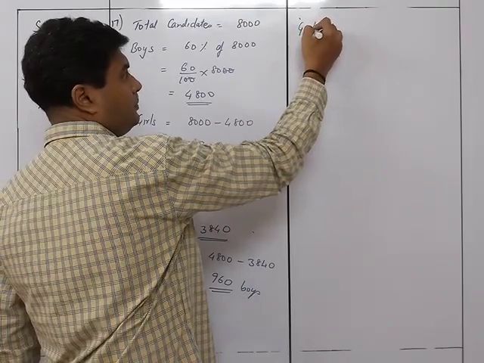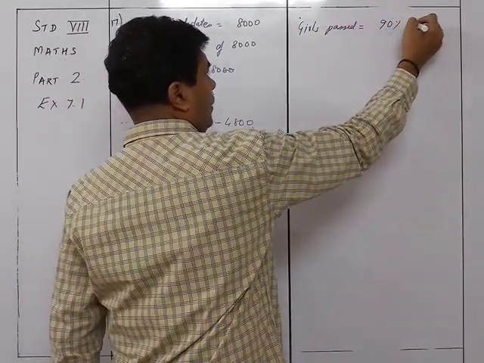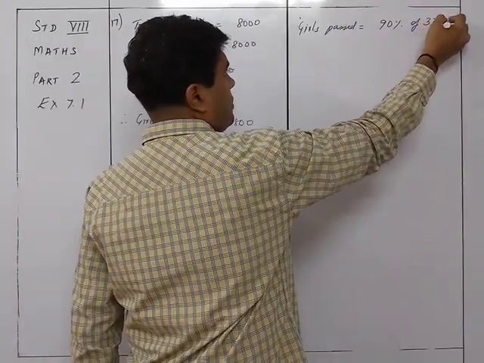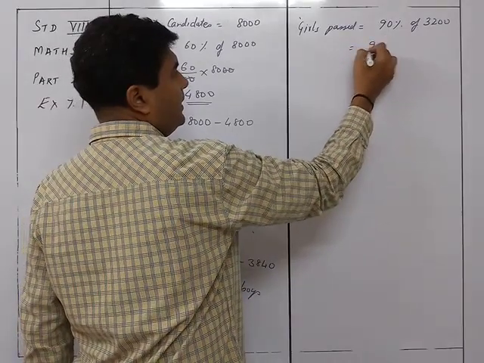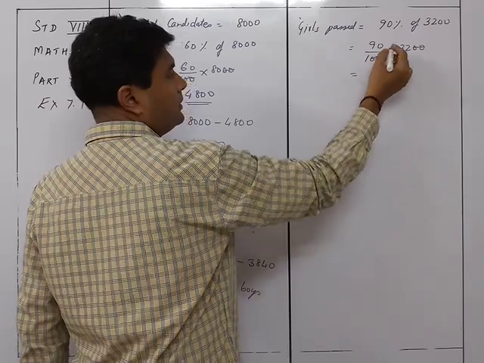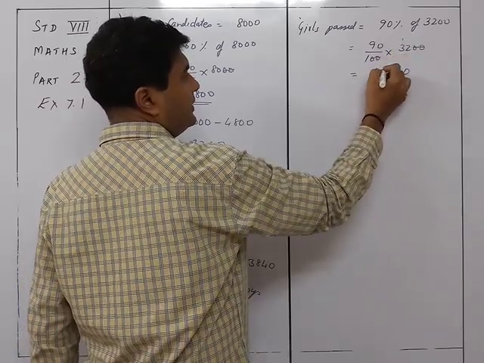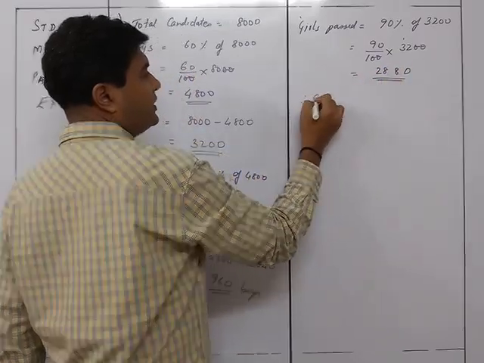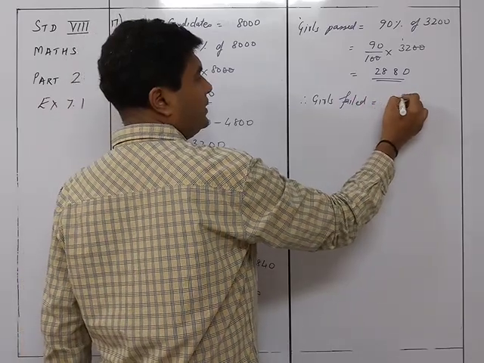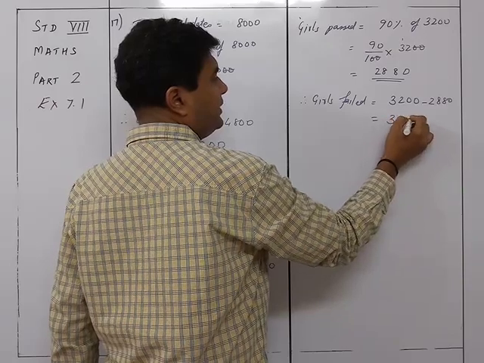Girls passed is equal to 90% of 3200, which is 90 upon 100 into 3200, that is 9 2s are 18, 27, 2880. Therefore girls failed is equal to 3200 minus 2880, which is 320.